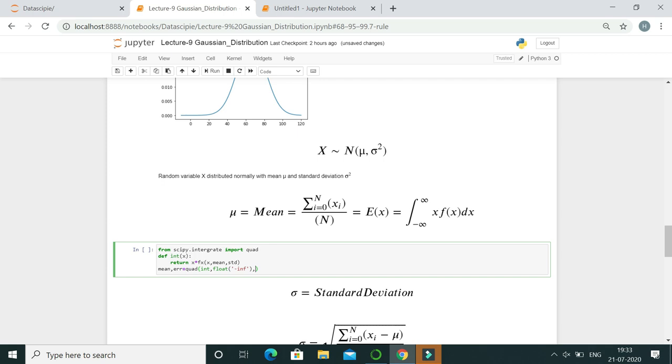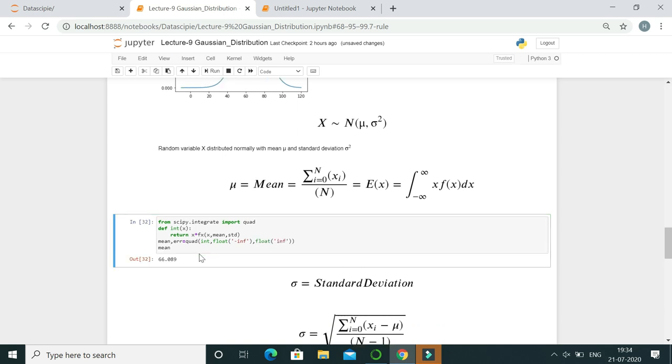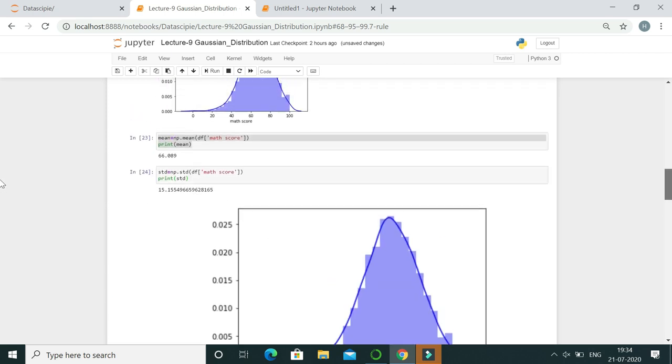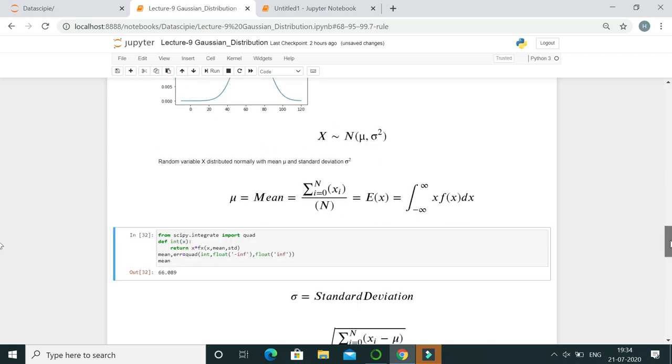Plus infinity. So just copy it, paste it over here, replace minus by plus. So when we execute it, our mean value is 66.089. And what is our actual calculated value of mean? It is also 66.089. So our equation is valid.